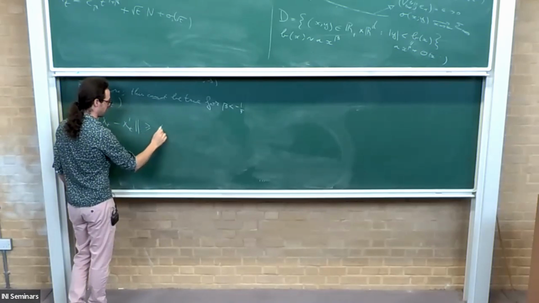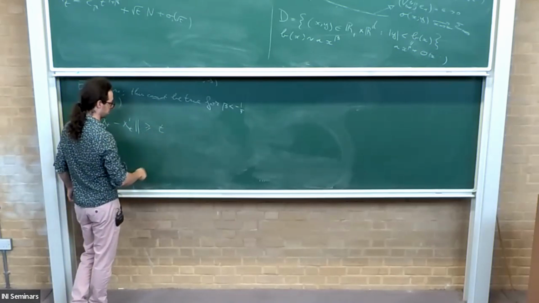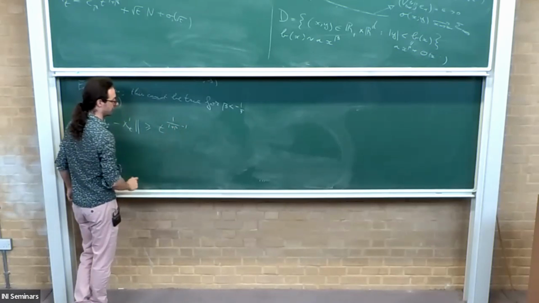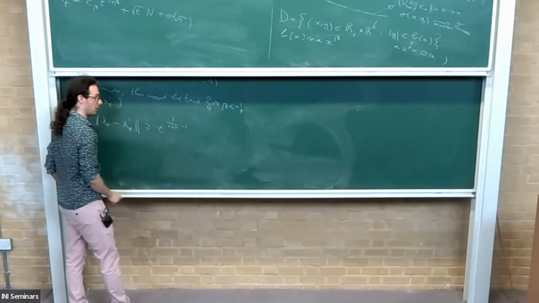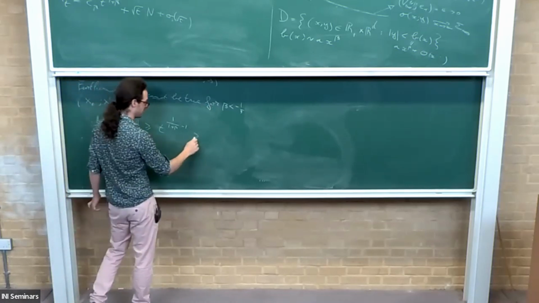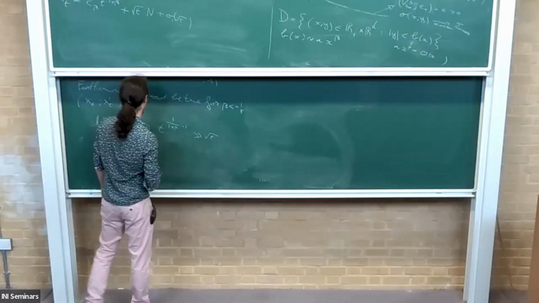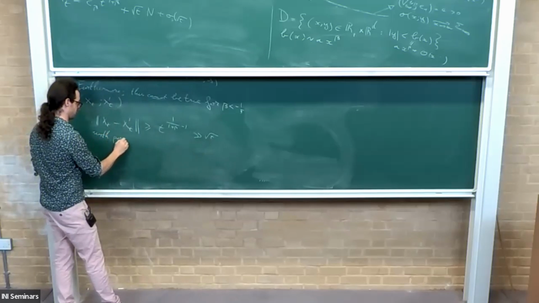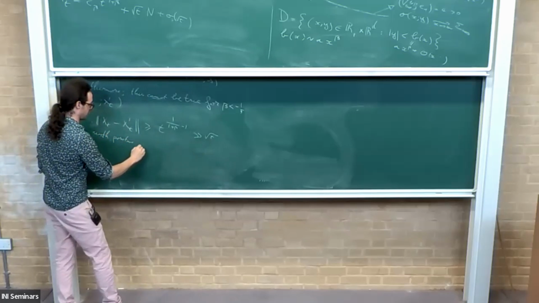It's actually of order t to the 1 over 1 plus beta, minus 1, which for beta smaller than -1/3 is much bigger than square root of t, with positive probability.